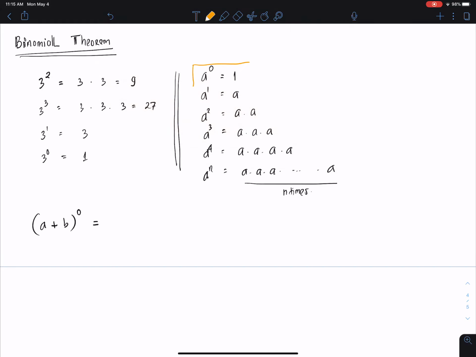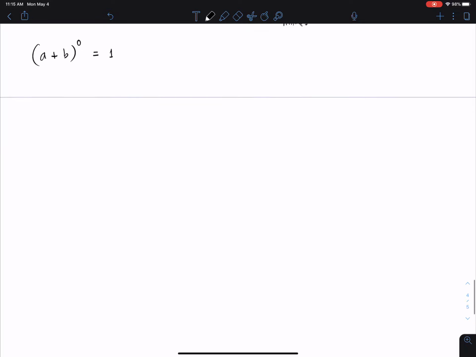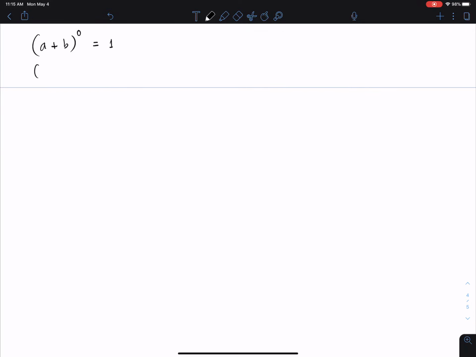Anything powered by 0, the result will be 1. So for this one here, of course, this will be 1. Okay, so now what about a plus b to the power of 1? Again, anything you power by 1, the result will be the same. So that will be a plus b.